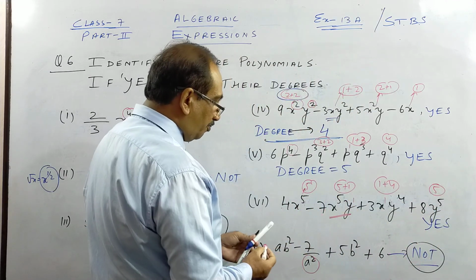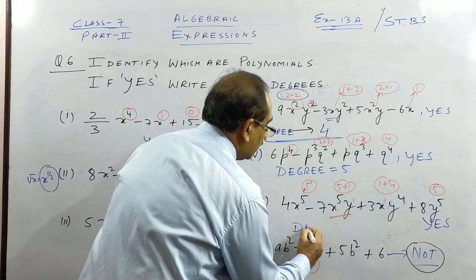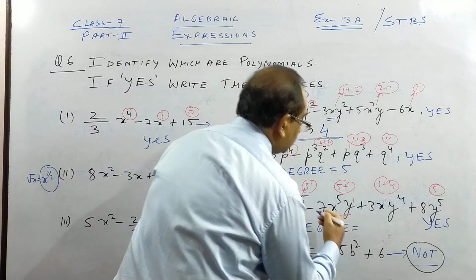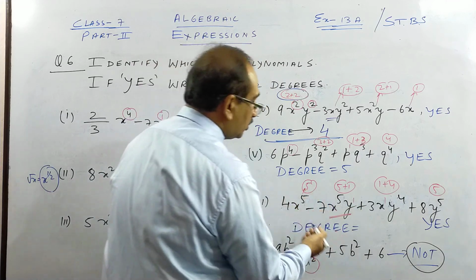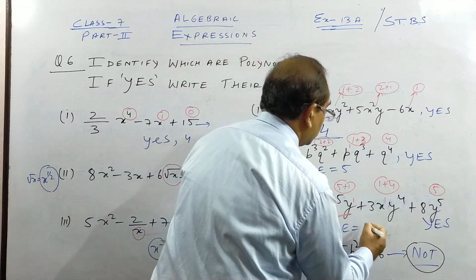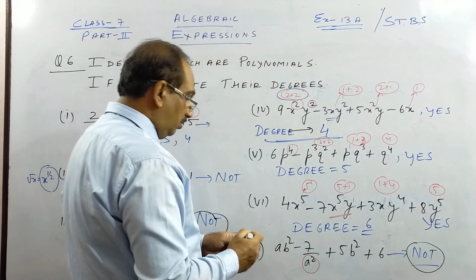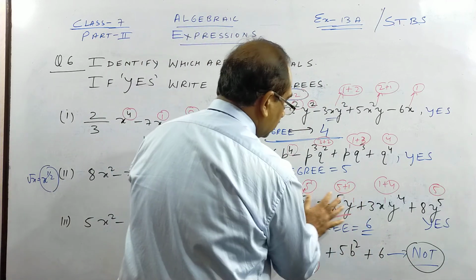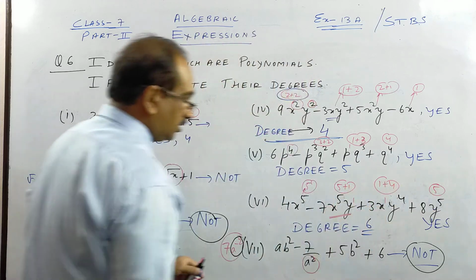So the degree is the highest sum of those powers of individual terms, so it is 6. Okay, so you take the sum of powers, the highest of that is the degree. So 6, see this is 5, 5, 5, this is 6.